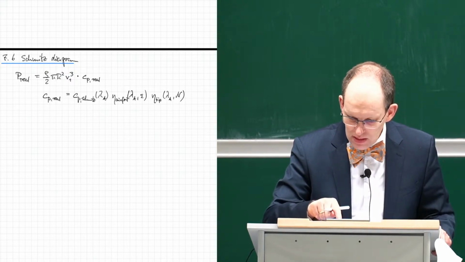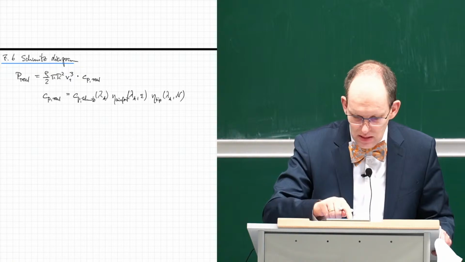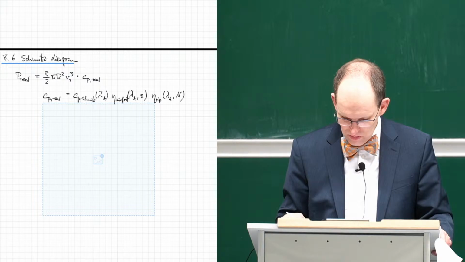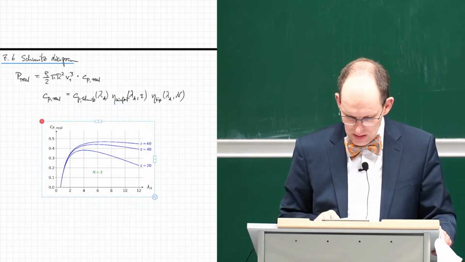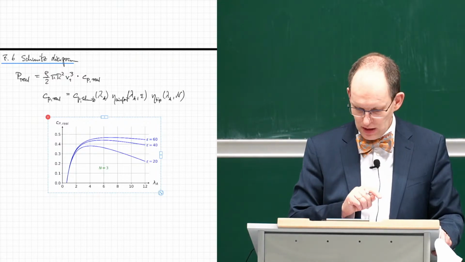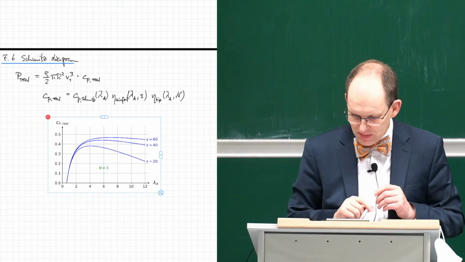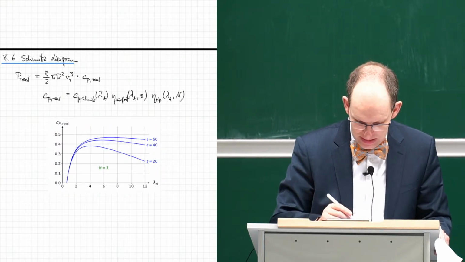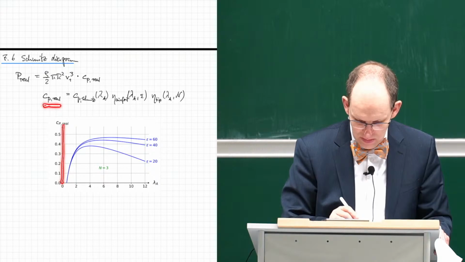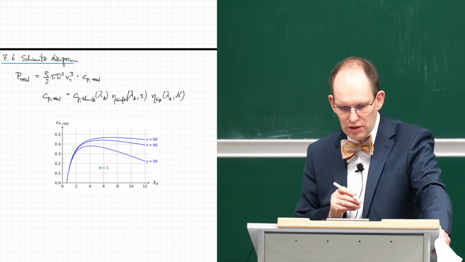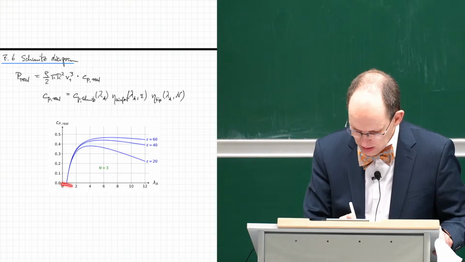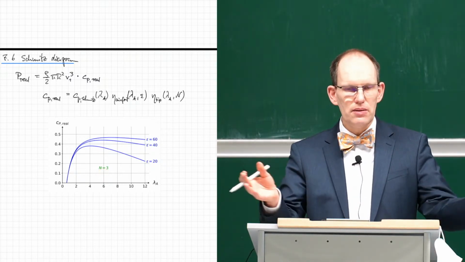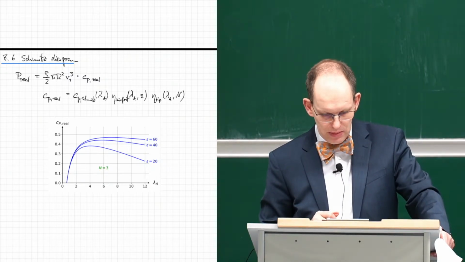So I did this. So you see here on the y-axis the real power coefficient as a function of lambda A, the tip speed ratio, and I did this for the Danish windmill type with 3 blades.